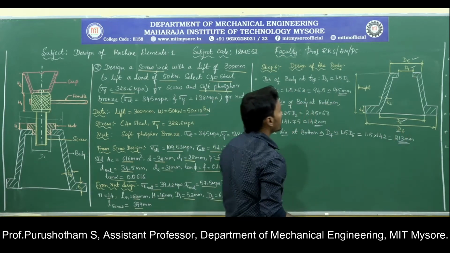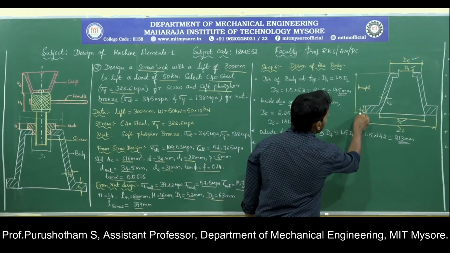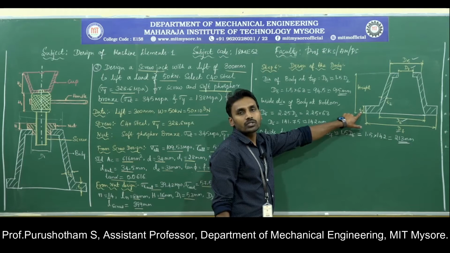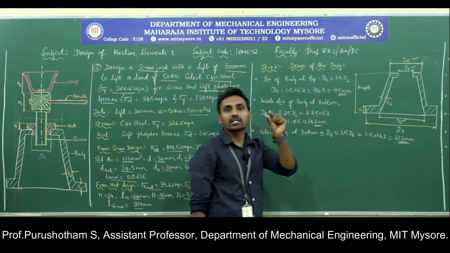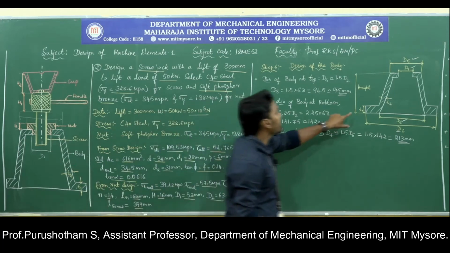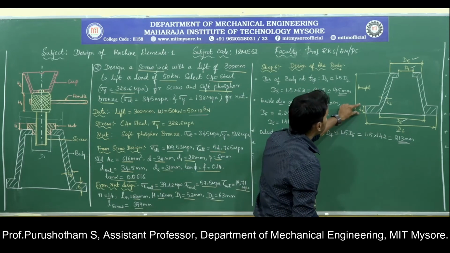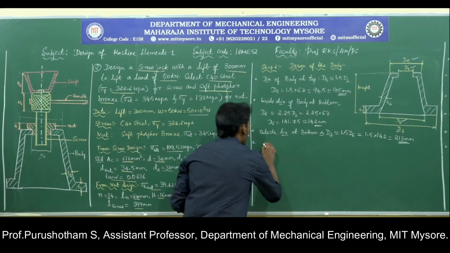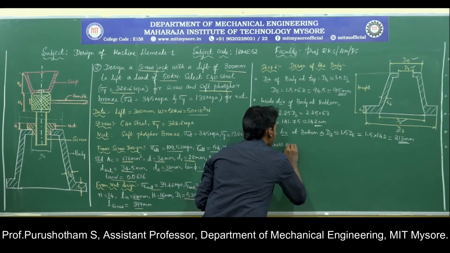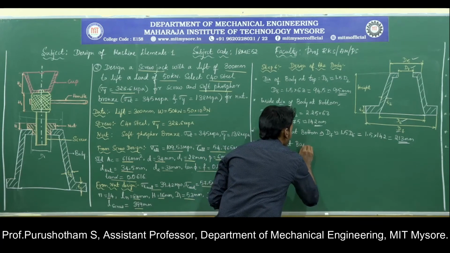Next, what we need to find out is the thickness at base, T1. T is given for the thickness of the cup, so I am using T1 for the thickness at the base of the body.